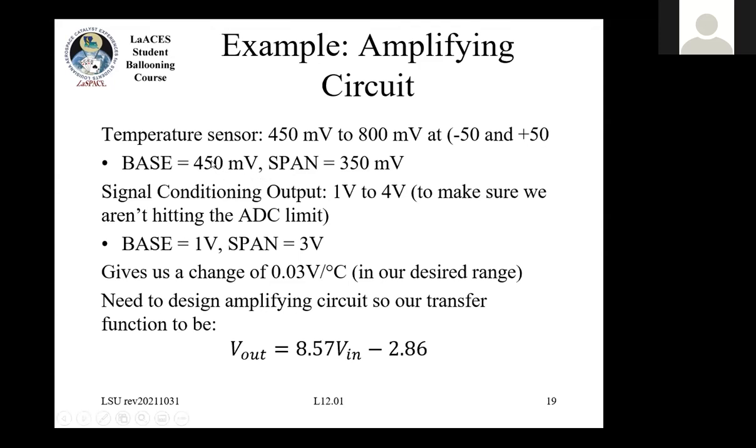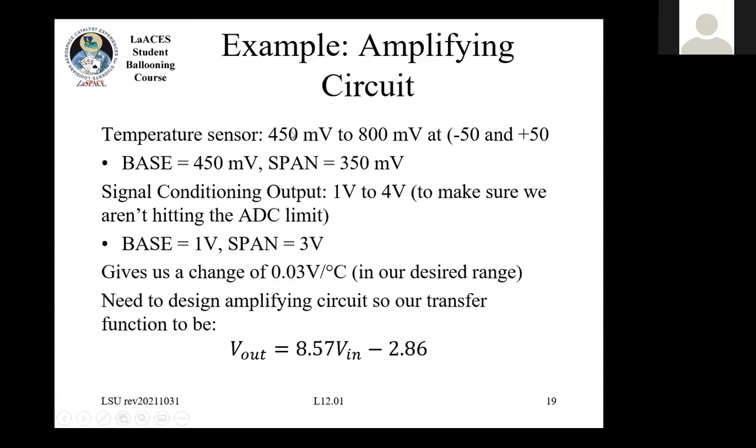But if you remember from the amplifying signal conditioning lecture, the base value is the minimum value, 450. The span is 350, it's 800 minus 450. So I'm going to decide that I want, so this is the input to my amplifying circuit, the outputs to be 1 to 4 volts.